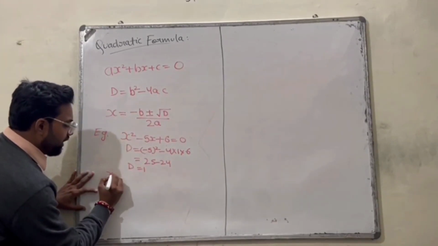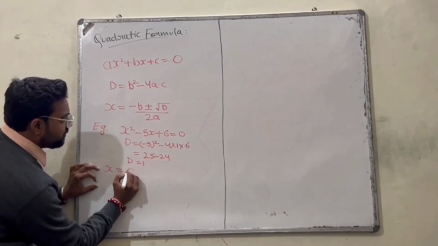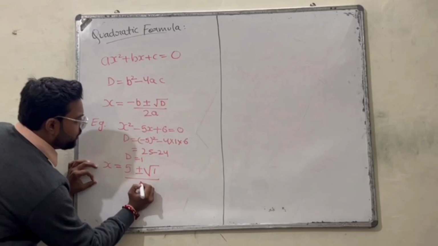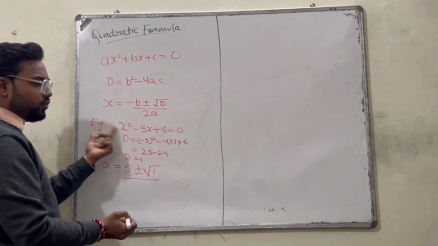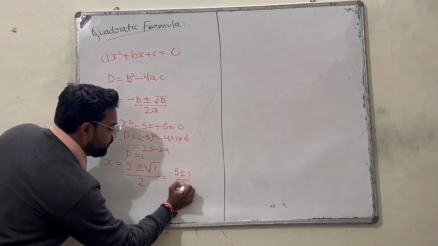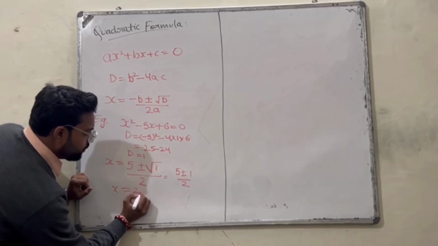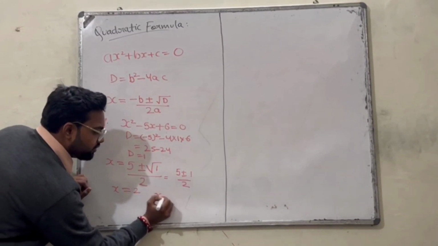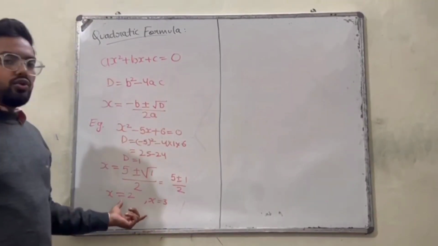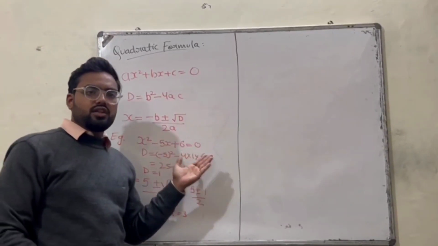Now the roots are x is equal to minus b, so minus b means 5, plus minus root D means 1, upon 2a. Here the value of a is 1, so 2a is 2. So 5 plus minus 1 upon 2 gives x is equal to 2 and x is equal to 3. 2 and 3 are the roots of our given quadratic equation x square minus 5x plus 6 is equal to 0.